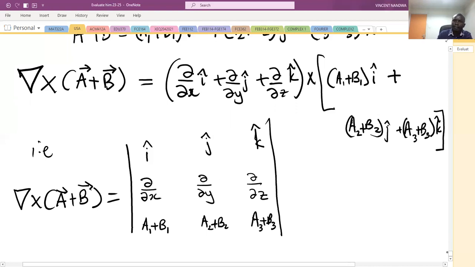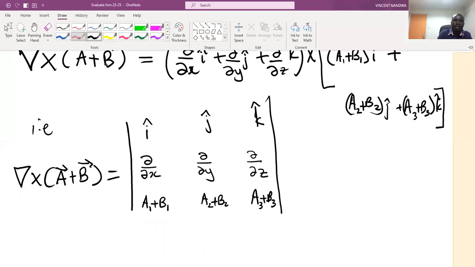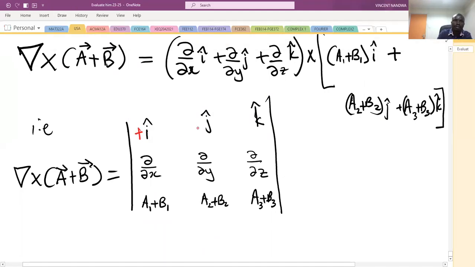So then, remember the sign of this is usually plus. This is minus. This is plus. So therefore, we'll have i, determinant of, delete this row, delete this column.